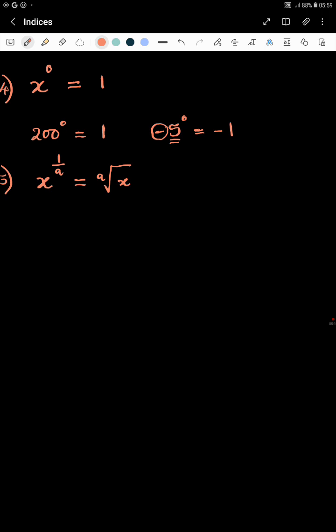If you have, let's say, 4 to the power half, power half is the same as the square root. The square root, you don't write the 2, it's just the square root of 4, and here your answer is 2. It's also plus or minus, because negative or positive, if you multiply them together, you still get a positive 4.